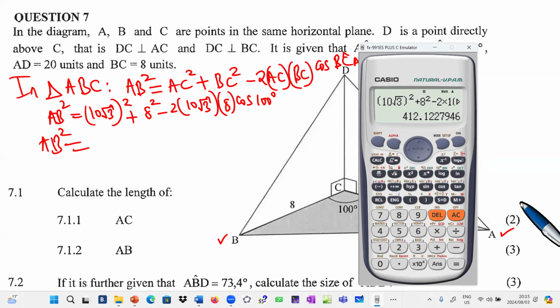We're getting exactly 412.12 square units, because it is equal to AB squared.